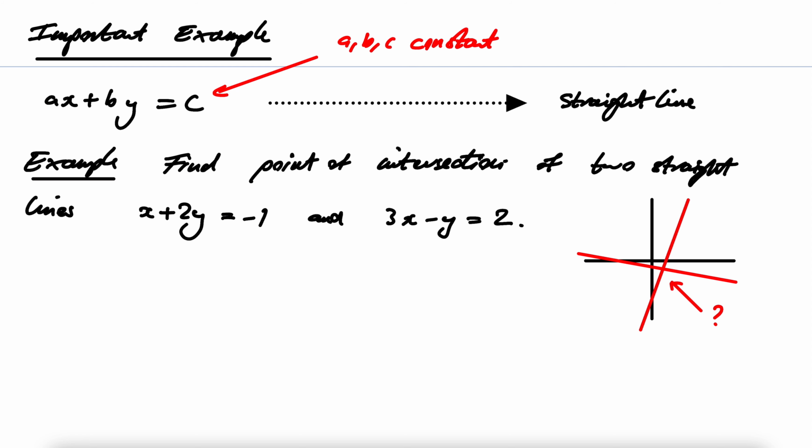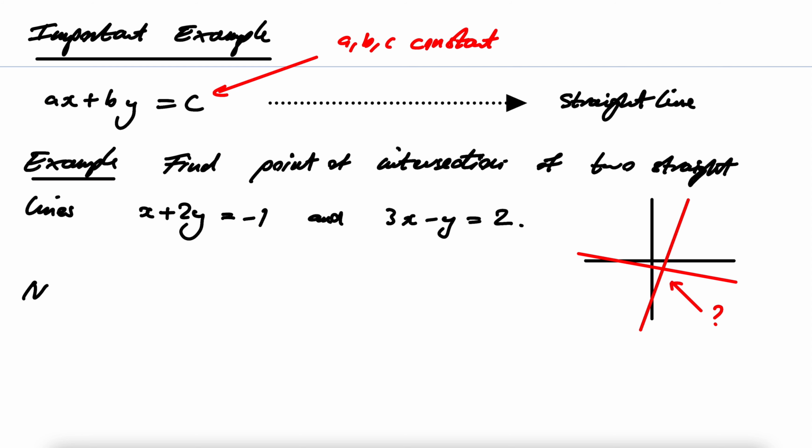What I'm going to describe to you is a way to do this without actually having to graph or plot these things and look at it. We want to know this precisely. It would be no good just to get a computer to draw a picture and then say, oh, it's roughly there. We want to know exactly what it is. So what do we need? Well, we need an x, y that satisfy both of these equations simultaneously.